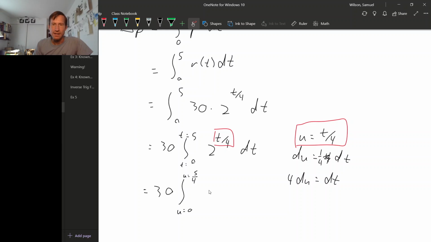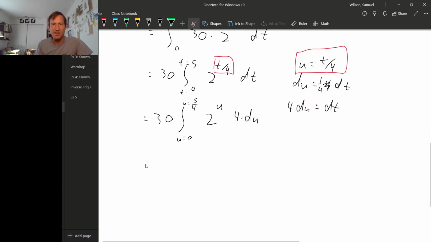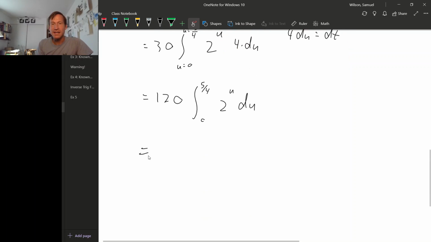Okay, and then the integrand is 2 to the u times dt, but dt is 4 times du. And now we can move this 4 outside, and 30 times 4 is 120. So 120 times the integral from 0 to 5 over 4 of 2 to the u du. And now we can go ahead and guess an antiderivative.